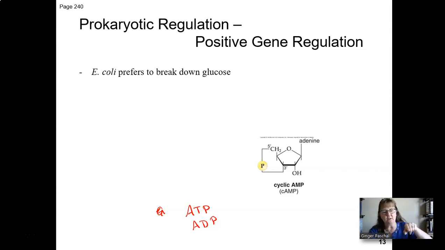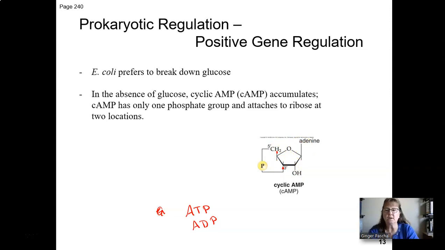It'll bend back and bind in 2 places, both here and here, to the ribose. E. coli prefers to break down glucose, as we've talked about. In the absence of glucose, cyclic AMP, or cAMP as it's also called, will accumulate. So this molecule that you see in this picture will accumulate. cAMP has only one phosphate group, and it attaches to the ribose at 2 locations, which we've just explained.